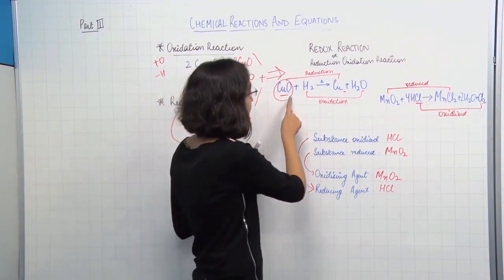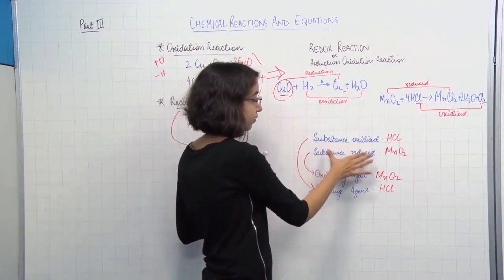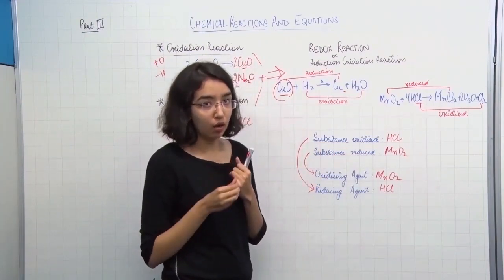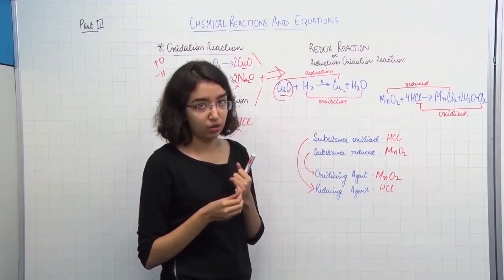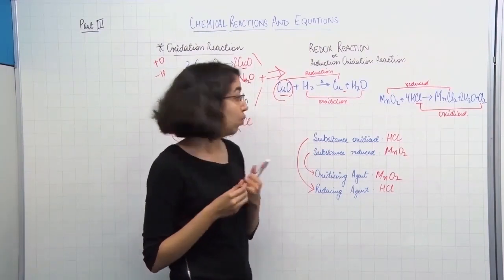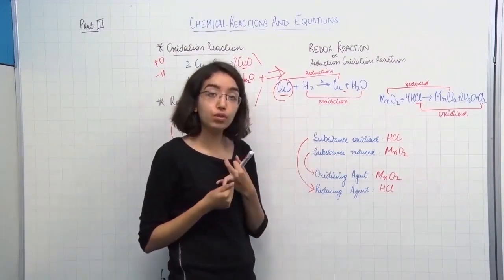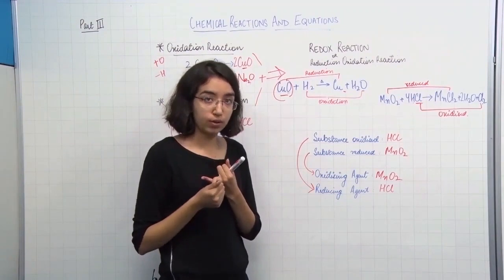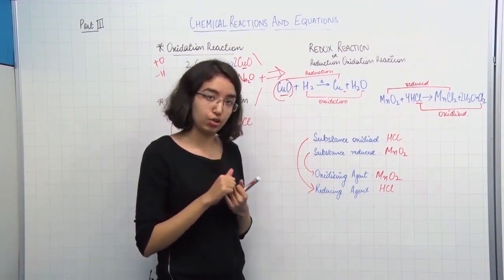To identify these, you just need to know which substance is either gaining oxygen or losing hydrogen. That will be the substance which is being oxidized. To know what substance is being reduced, you have to identify a substance which is either losing oxygen or gaining hydrogen.